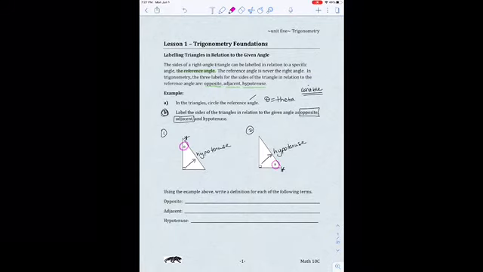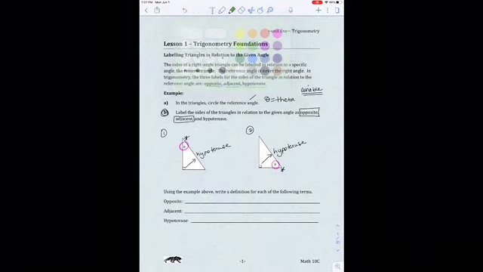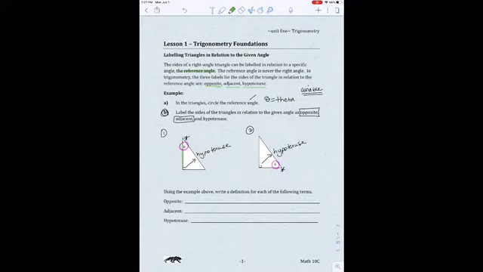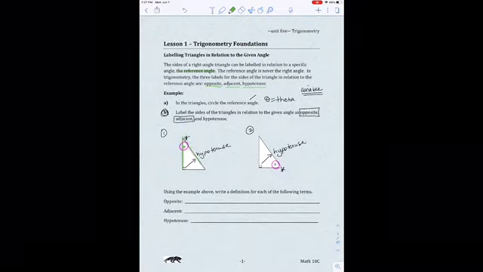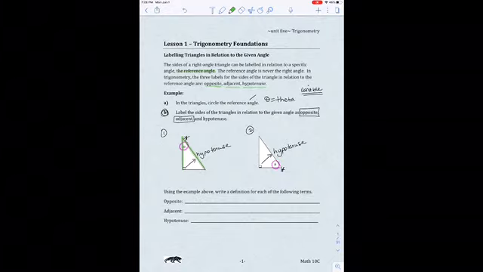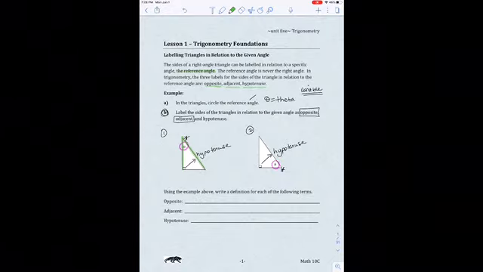In triangle number 1, the reference angle is made up of these 2 sides, the hypotenuse and the other side beside theta. So the hypotenuse is beside the angle, but so is this other side that is beside. And adjacent simply means beside, okay?